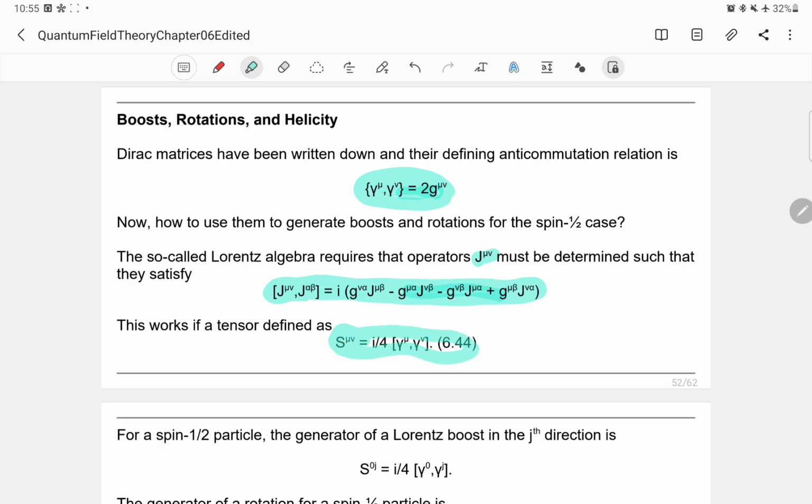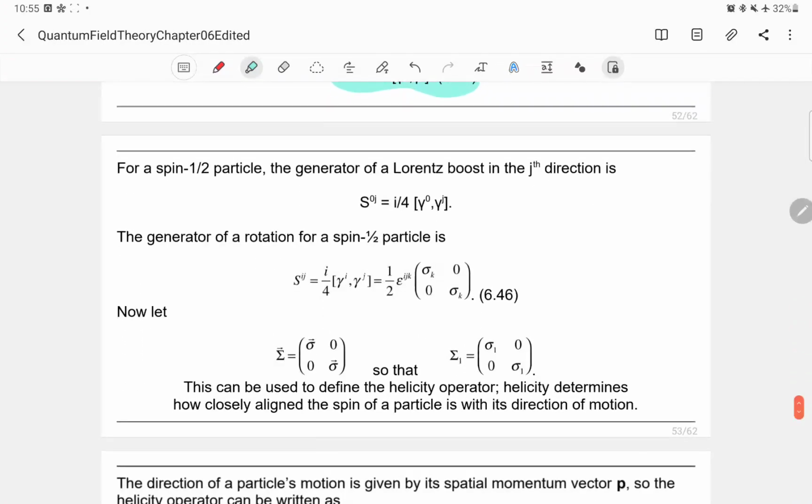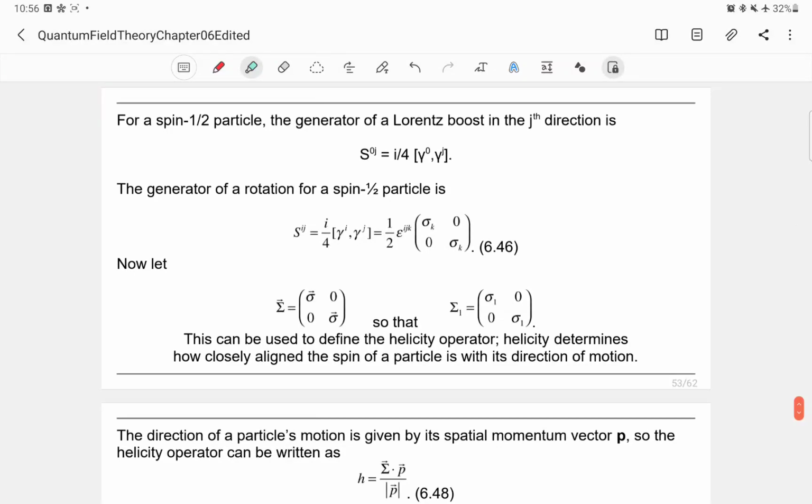Let's see how these tensors are used later on. So for a spin 1/2 particle, the generator of a Lorentz boost in the jth direction is given by this. And the generator for a rotation for a spin 1/2 particle, therefore, is this one.